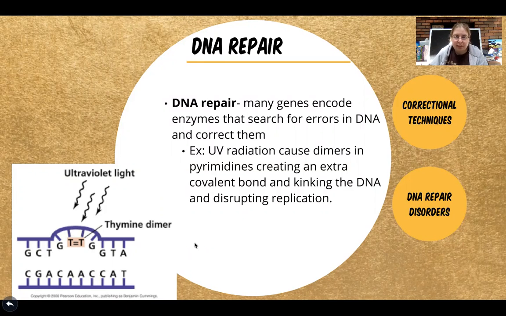So here's an example. UV radiation causes dimers in pyrimidines, creating an extra covalent bond and kinking the DNA, which disrupts replication. What that means is that when you spend too much time out in the sun, it gives off UV light. If you look at this picture here, the UV light is going to cause these thymines, remember thymines are pyrimidines, to break their bonds with the adenines and form covalent bonds between each other.